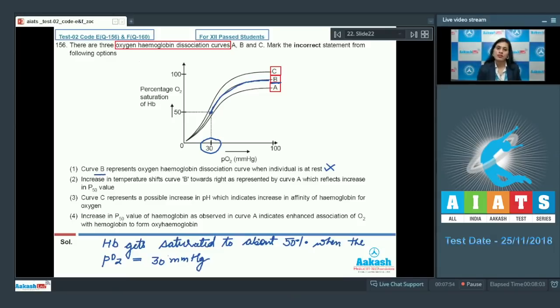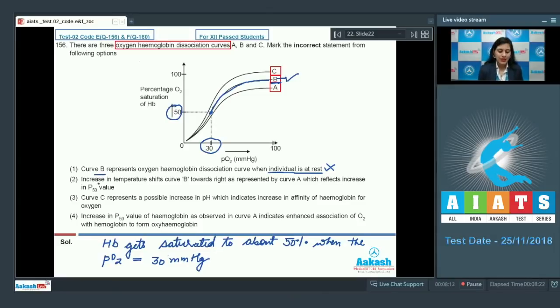This is under normal physiological conditions. So in graph B, 50% saturation is occurring at near about 30 mmHg partial pressure of oxygen. So B may represent an individual at rest. So this cannot be a correct answer.